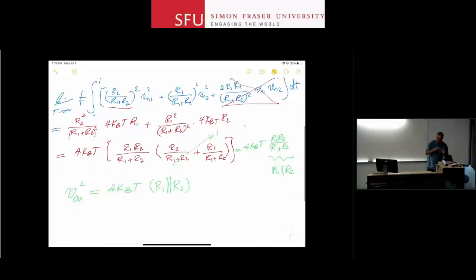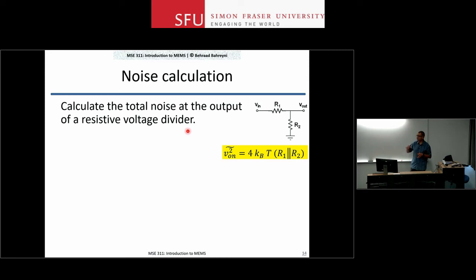But again, the takeaway here is that the equivalent final noise of your resistive network is the noise of the equivalent resistance. And we have the same result here for your reference.